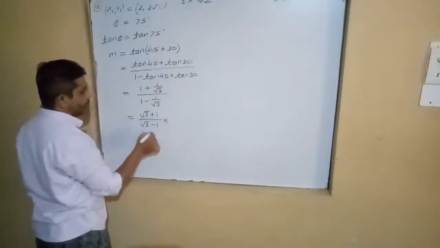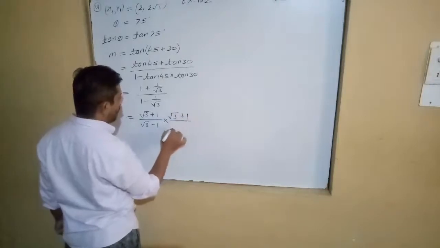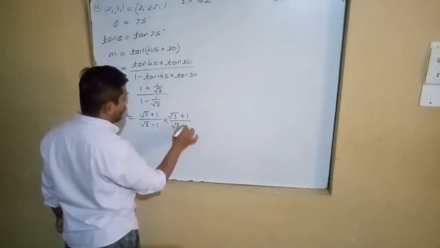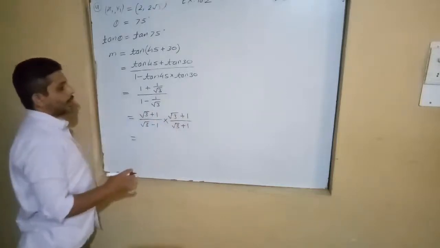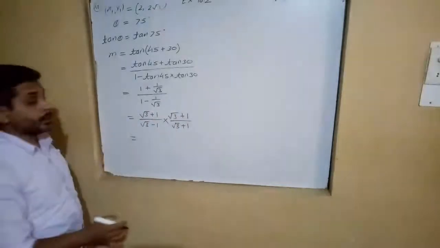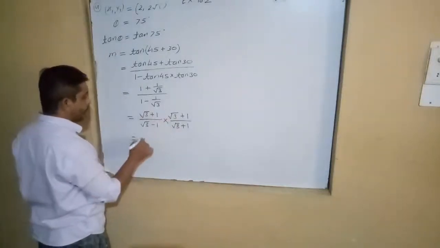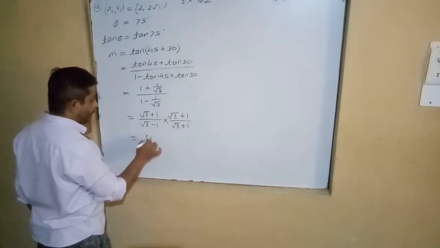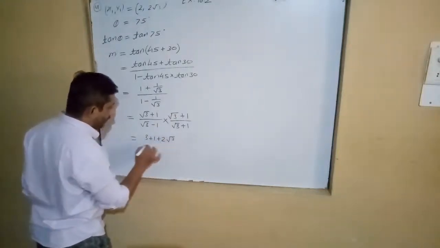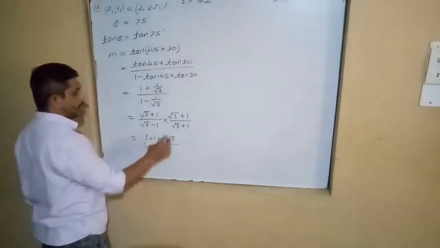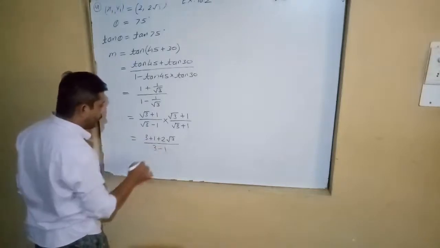Now here we can rationalize the denominator. Multiply by root 3 plus 1 upon root 3 plus 1. So root 3 plus 1 into root 3 plus 1 becomes root 3 plus 1 whole square. Now here we can apply the identity a plus b whole square, which is a square plus b square plus 2ab. And in the denominator we apply the identity a plus b into a minus b is equal to a square minus b square.